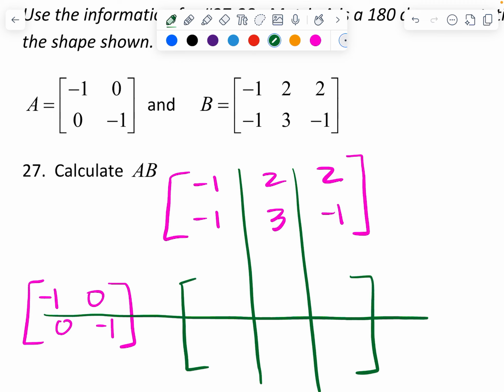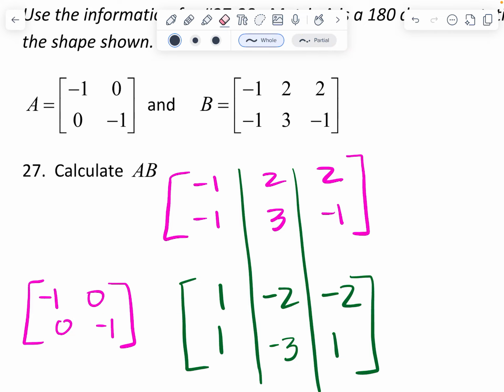So when I do this, I get 1. And this one I get negative 2. This one I get negative 2. This one I would get 0. This would get 1. This would get me 0, the negative 3, 0, 1. Okay, and erase my extra lines.